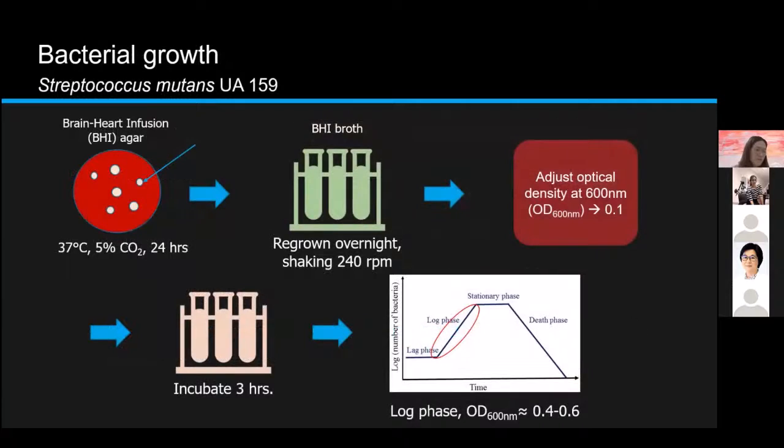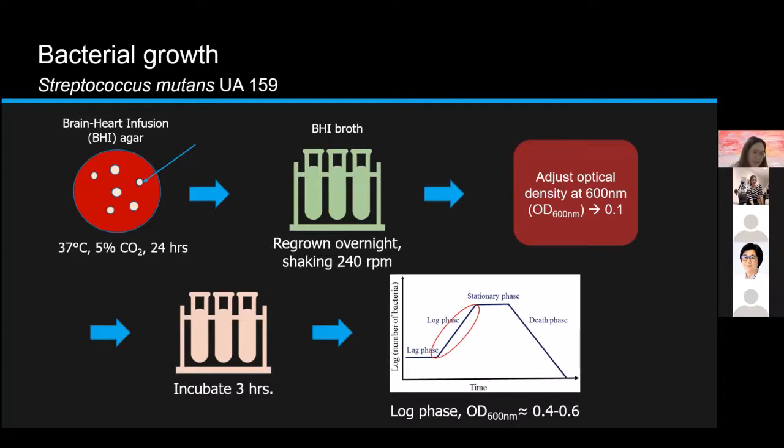For the bacterial growth, we used S. mutans UA159 strain from bacterial crystal stocks, which were incubated in brain heart infusion agar or BHI agar, and then were incubated at 37 degrees Celsius with 5% carbon dioxide for 24 hours. The isolated colony was regrown overnight in BHI broth with sustained shaking at 240 rounds per minute.